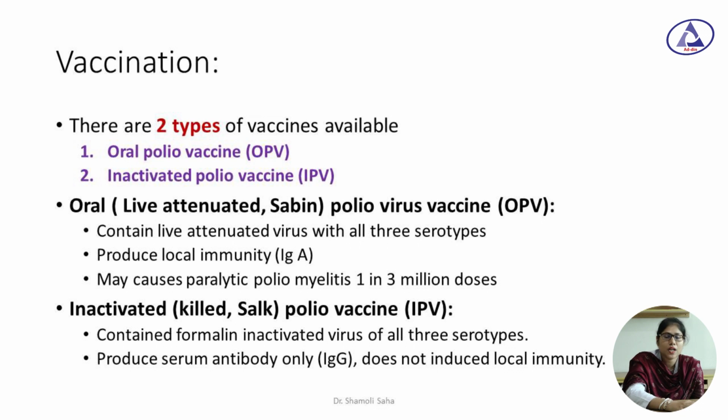It produces local immunity, mainly immunoglobulin A, and may cause paralytic poliomyelitis in 1 in 3 million doses due to live attenuation. Inactivated polio vaccine contains formalin-inactivated virus of all 3 serotypes, produces serum antibody only, mainly immunoglobulin G, and does not induce local immunity, immunoglobulin A.